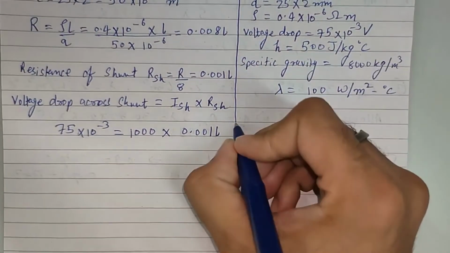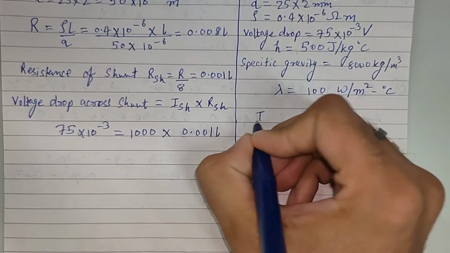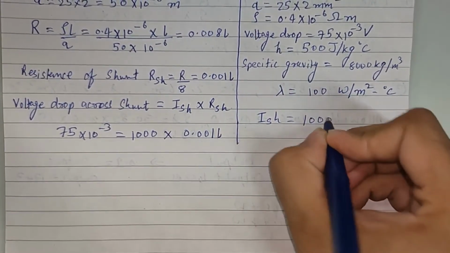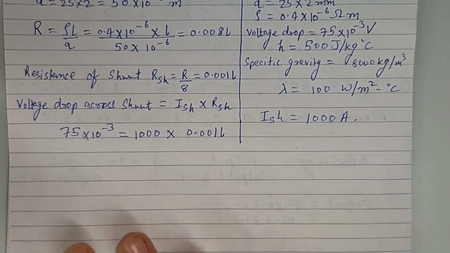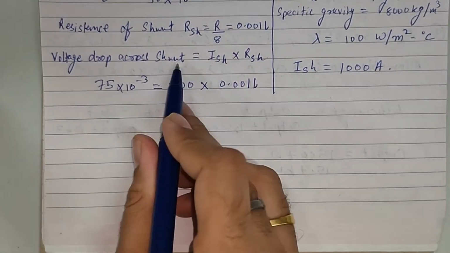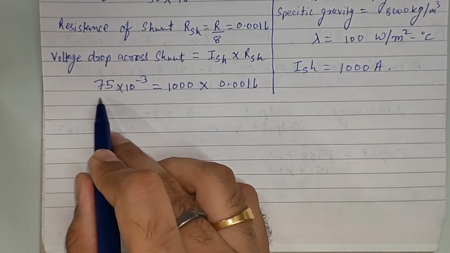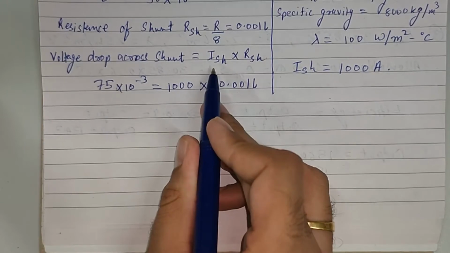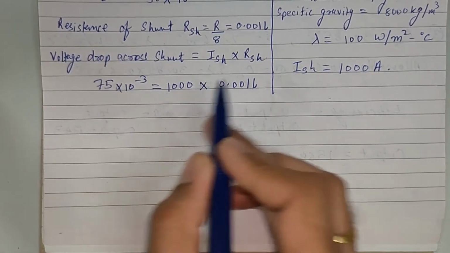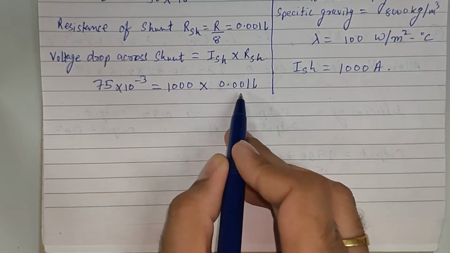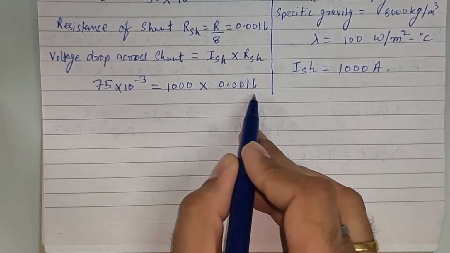We have forgotten to write this in the given section, so let me mention it there. ISH is 1000 amperes. Again, moving back to the numerical, the value of voltage drop is given as 75 millivolts, so 75 into 10 raised to minus 3. The ISH value is 1000 and the RSH value is 0.001 small l.